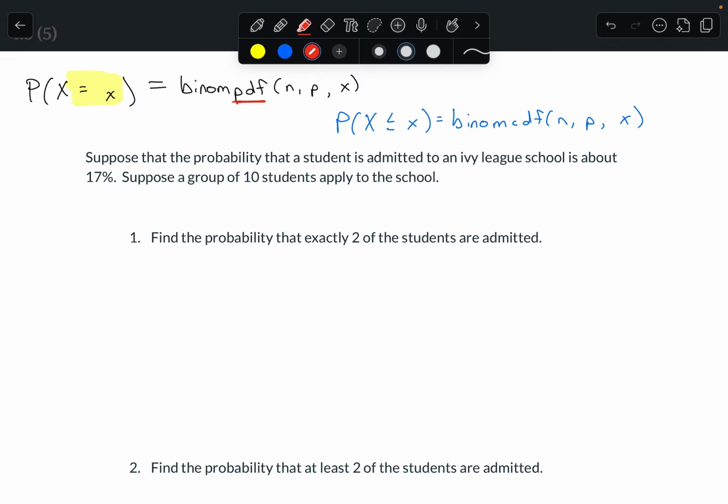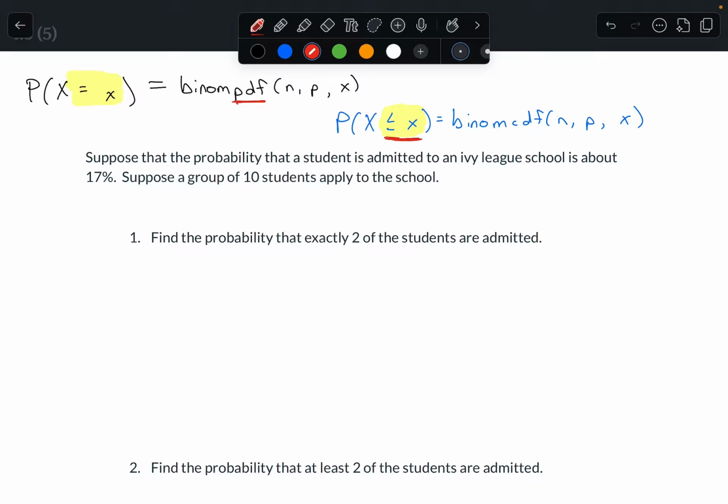If, on the other hand, I'm talking about a wide range of values, if I want the probability that I have less than or equal to x successes, this is where it gets a little bit tricky: the graphing calculator will really only deal with less than or equal to x successes.